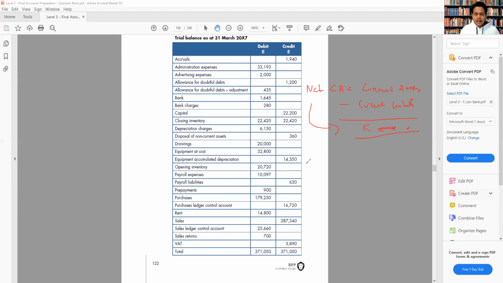And the net asset equals non-current asset plus net current asset. If you added these two, that will give you the net asset. So for the time being, if you know the formula, that will be more than enough to help you to do the calculation. All right, so let's move on to our next section.